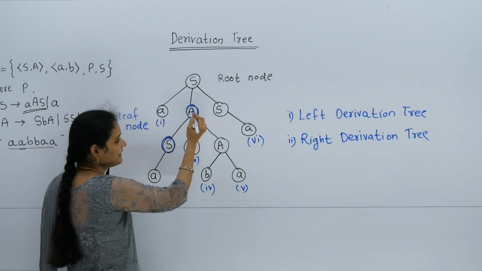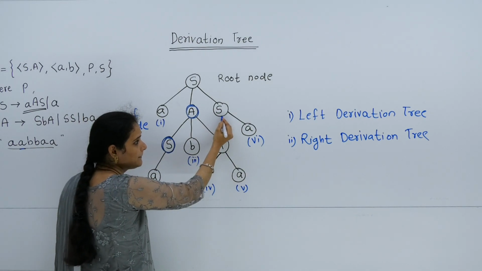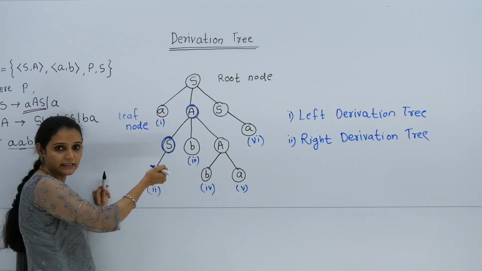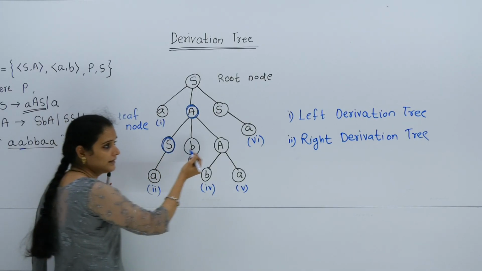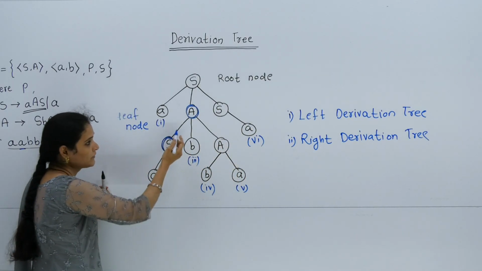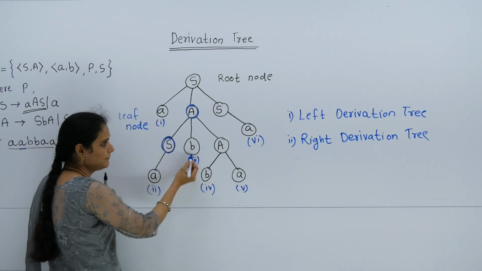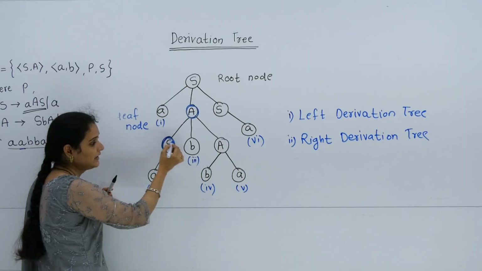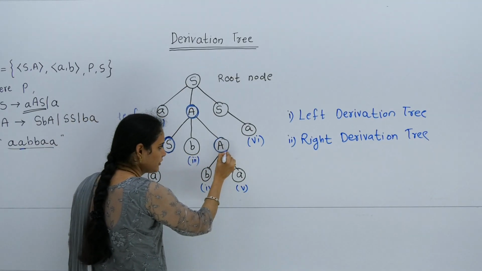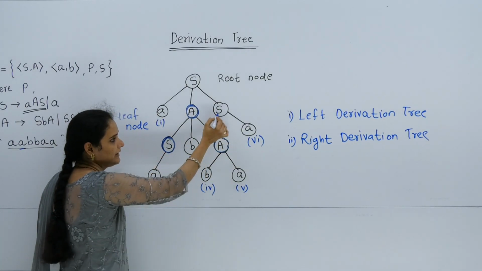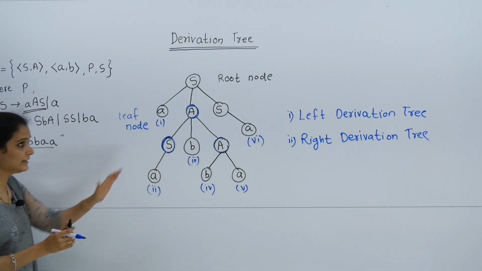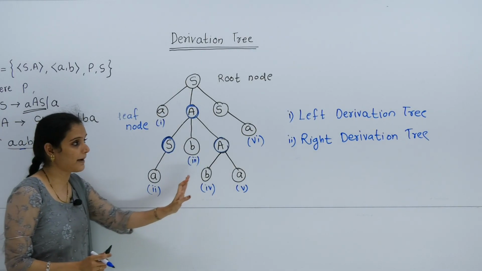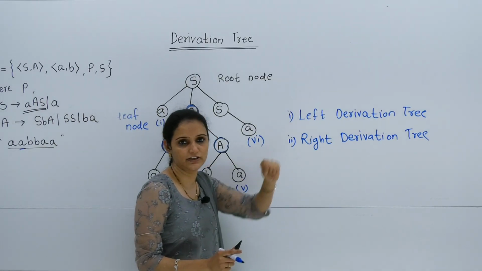It is also possible that I can replace that S by A and then move towards the next, but here what I have prepared is the left derivation tree. So S produces SBA. In that I replaced that S first, then that A. After that, the remaining S. So the derivation tree which you have seen on the board is the example of the left derivation tree.